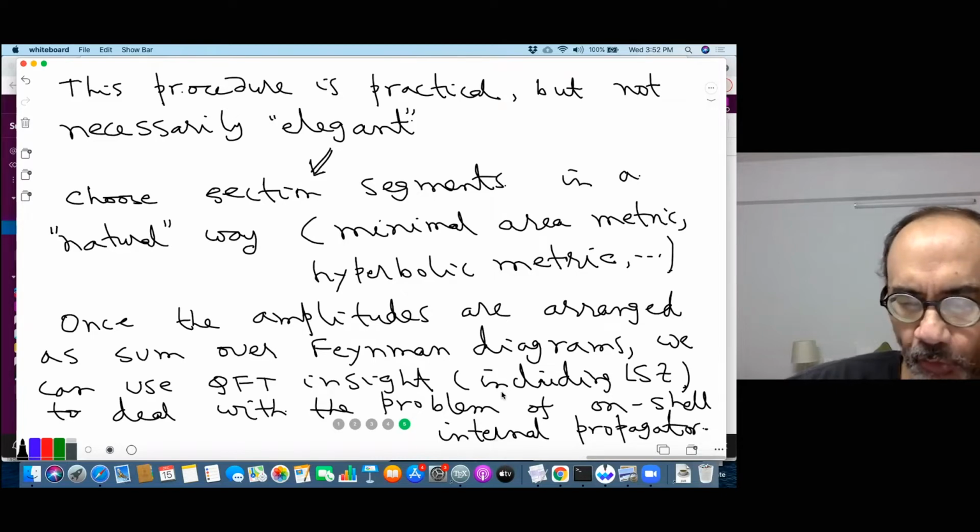So I'll try to make this a little more precise. What do we mean by use QFT insight? And where is this construction explicitly useful?